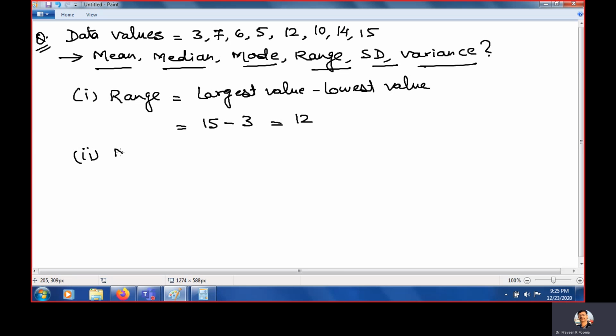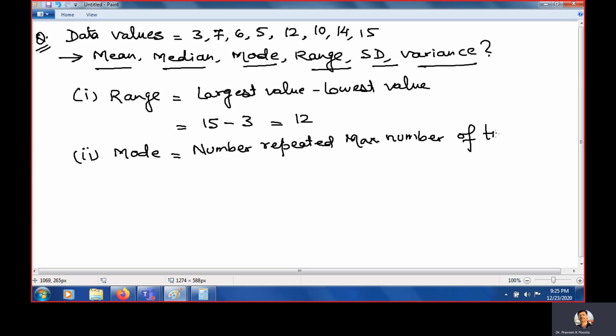Okay. Now number 2. We will find the mode. Mode is the easiest thing. Mode means the number repeated the maximum number of times. Is any number repeated? 3 is not repeated. 6 is not repeated. 5 is not repeated.